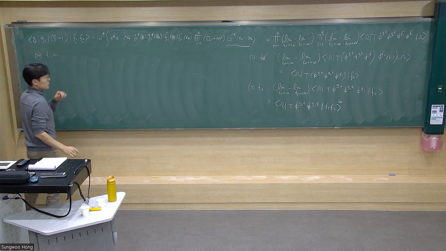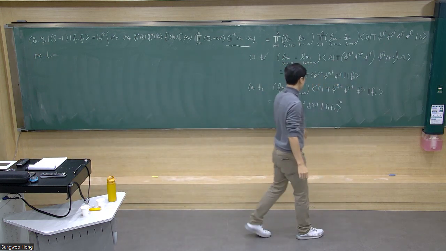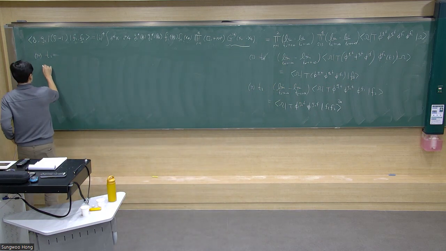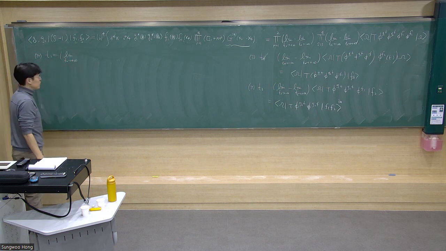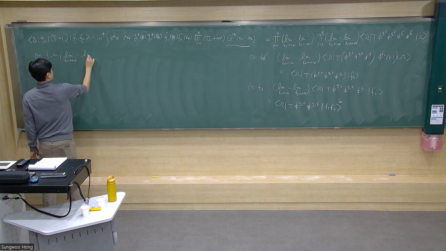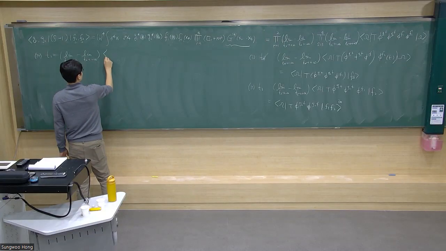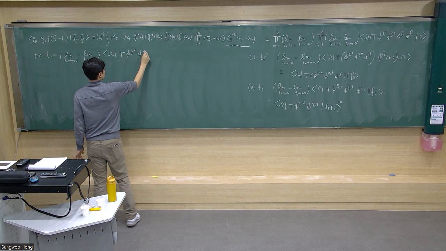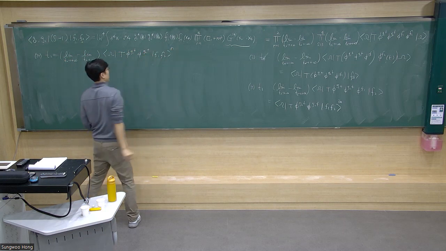Let's talk about the T2. This guy. Okay, that guy. So let's write it out. Now I have to write the future first, and then past. Then I have, okay, let's do it.